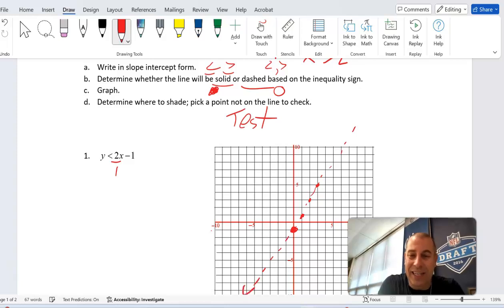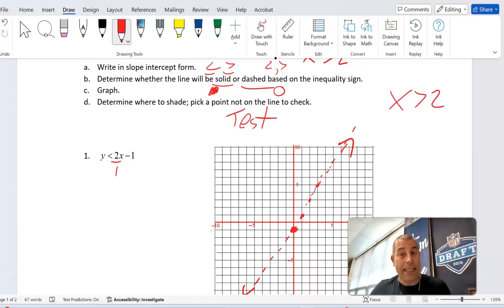So you're going to get a dotted line going through there. And what that means, remember, is just like with the open circle, if we want numbers where x is greater than 2, well, 2 is not going to work because it's not greater than. So that tells me that if a solution falls on that dotted line, it's not one of our solutions. So, all right, graph, yes.